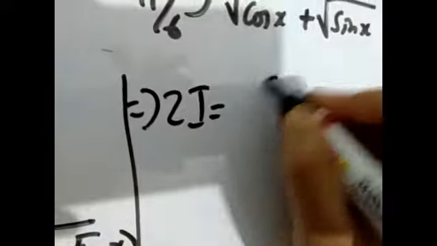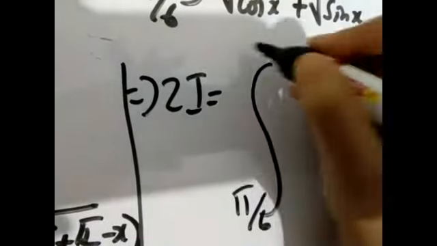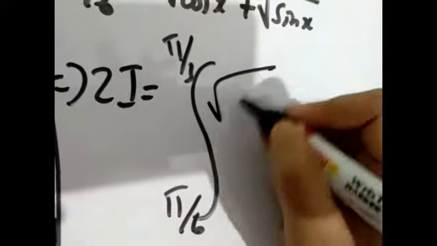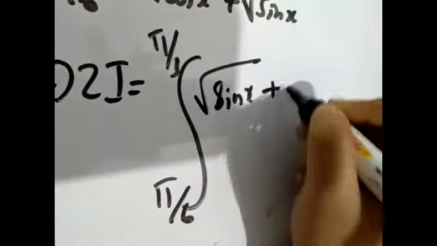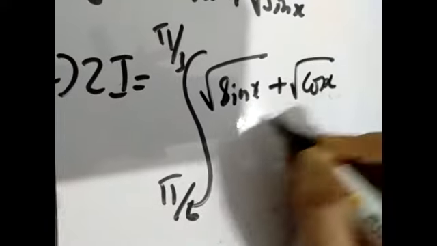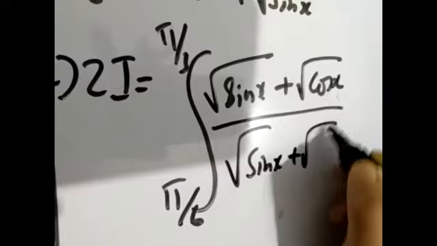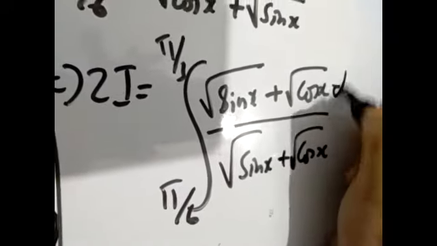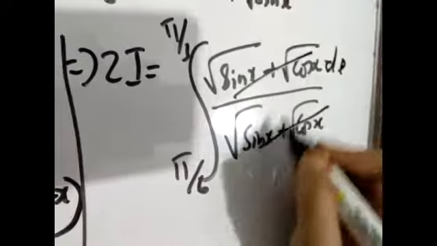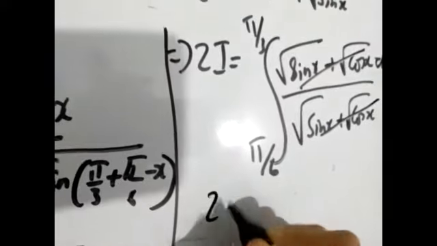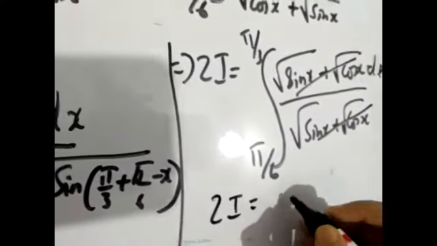here comes the crucial part: 2I equals integral pi by 6 to pi by 3. What do I have in the denominator? Both the denominator and the numerator turn out to be the same. dx. I can cancel both. And then, what is integral of 1 dx? x.